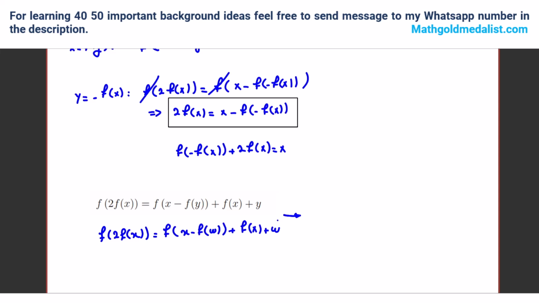Then if the left hand sides are equal, the right hand sides are equal. So you can cancel f of x. So f of x minus f of y plus y is equal to f of x minus f of w plus w, right?